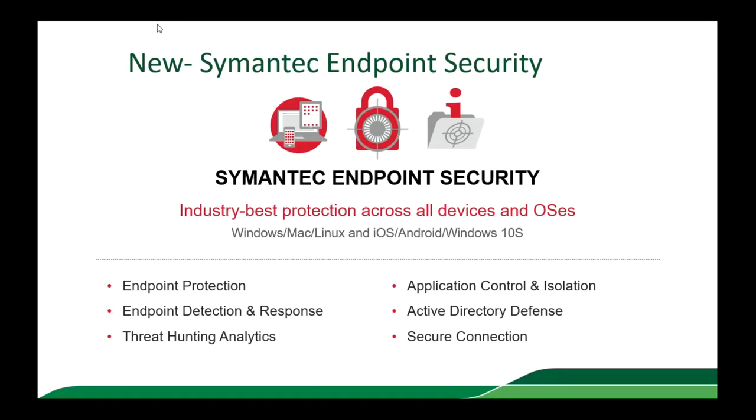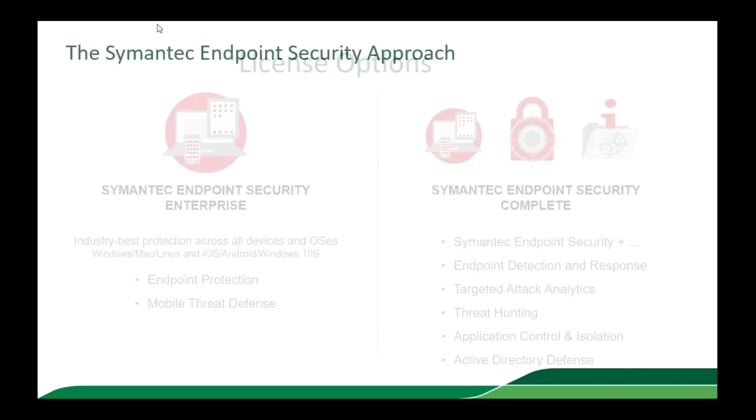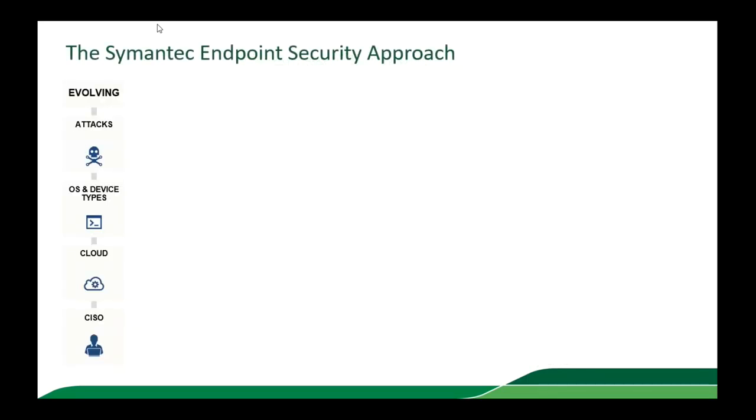For details about licensing, I'll cover them on the last slide. So let me just skip this slide because I'll repeat it on the last slide, which will be about the licensing. So what is our approach when it comes to endpoint security and protecting the endpoints?